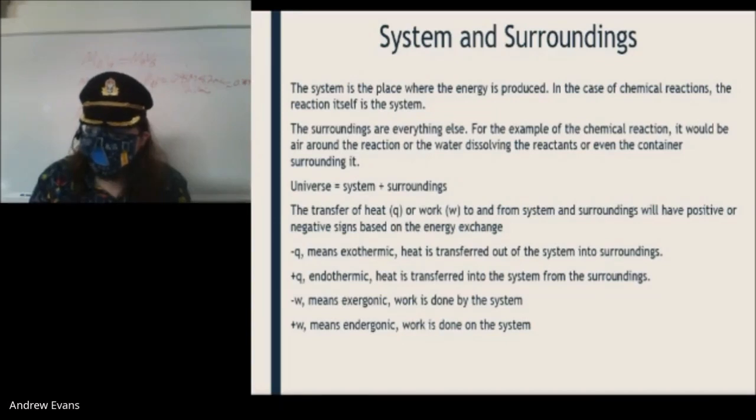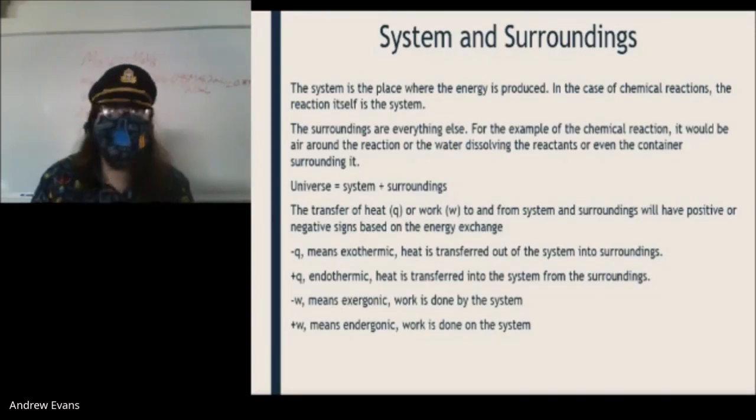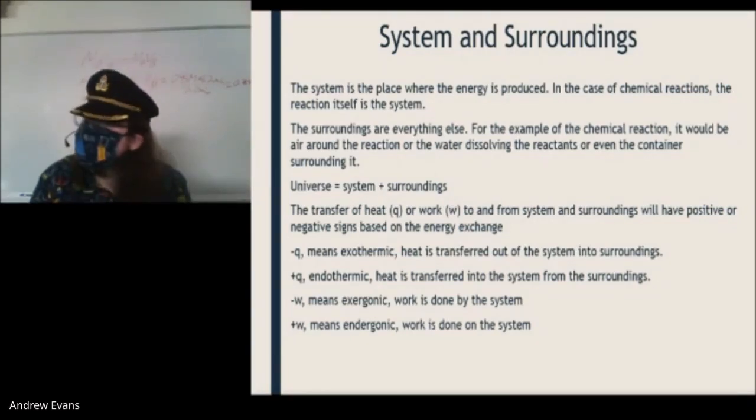Exo means the heat is exiting the system. Heat is transferred out. Now, same way, I jump into a sauna or a hot tub, and suddenly heat is flowing into me. I'm getting a lot hotter because the heat from the hot tub is flowing into my body. I'm seeing a net increase in heat. So it would be endothermic. Heat is going into the system.